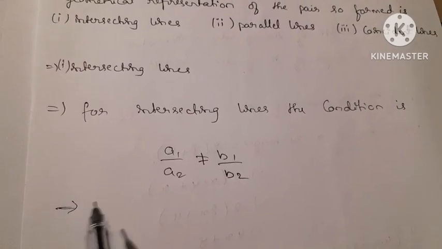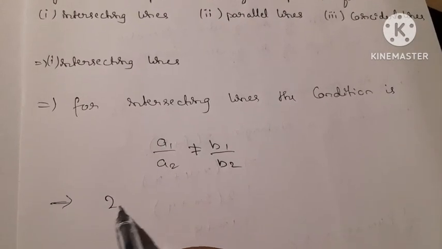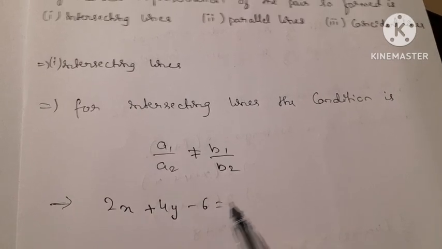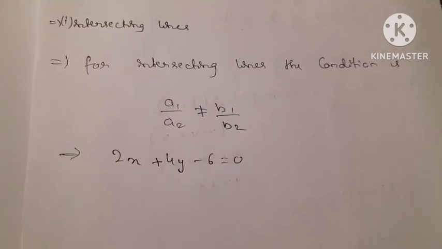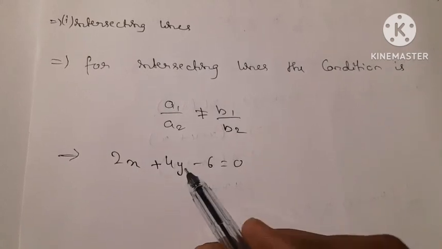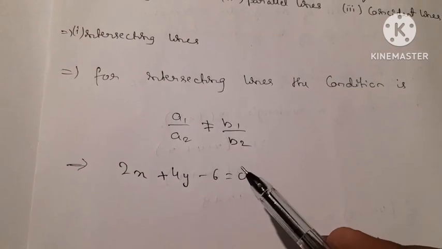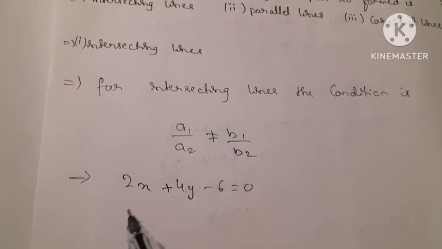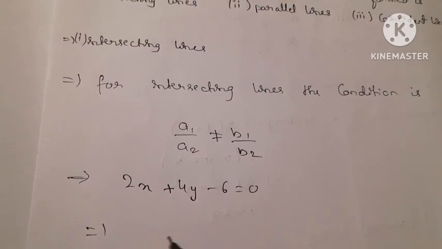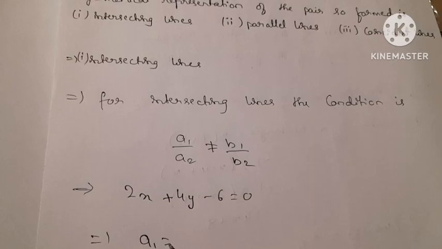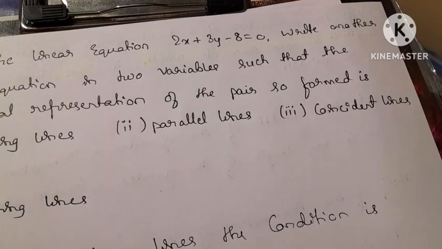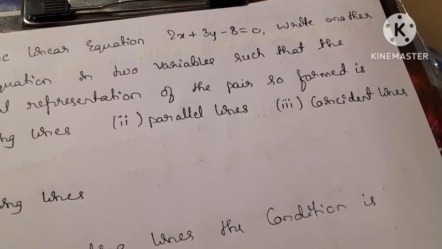So let us consider one equation. Suppose we say 2x plus 4y minus 6 equal to 0. It's just a random equation, you can take anything, 2x plus 5y minus 4 equal to 0, something like that. Any equation you take should satisfy this condition. So let us check. Here a1 is 2, b1 is 3 and c1 is minus 8.